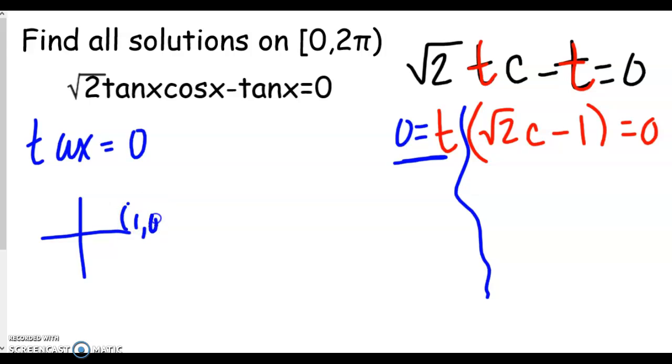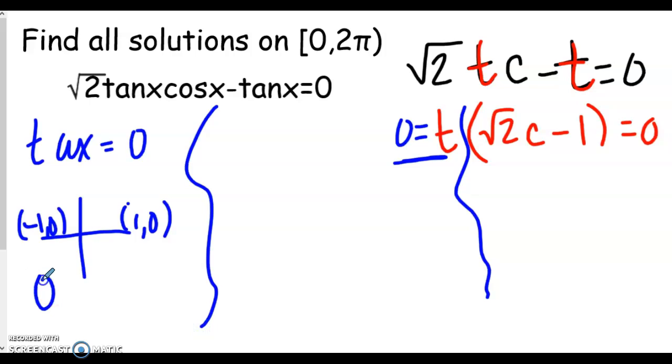Well, this point is (1, 0). Oh, it's that one. I was wondering, is it the whole pies or the half pies? We're going to go whole pies, because these would be 0 over negative 1, 0 over positive 1. So when is the tangent equal to 0? The tangent is equal to 0 at 0 and 1 whole pi.